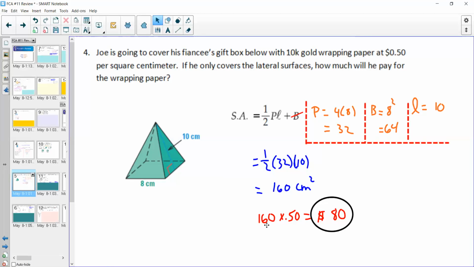Let me see if I can find a reference sheet real quick, if I got an extra one. Oh, yep, I've got one here.